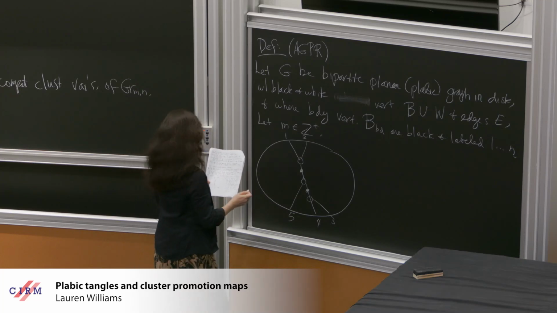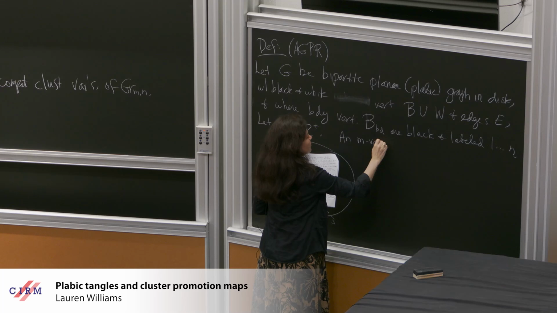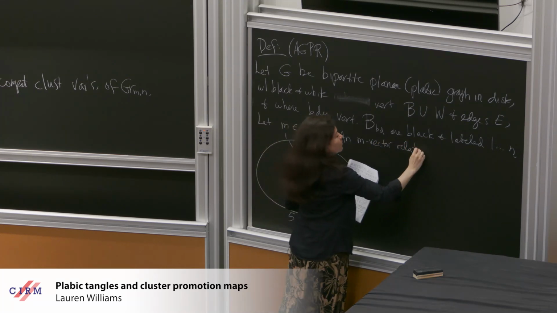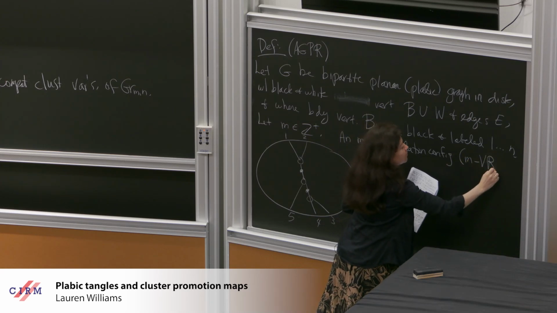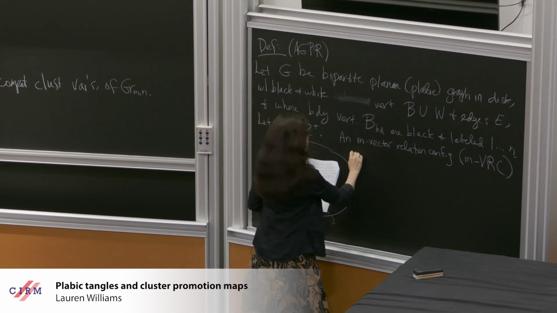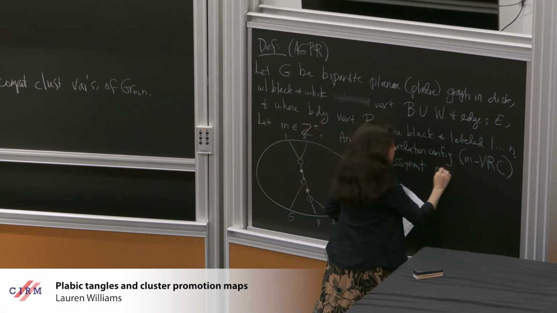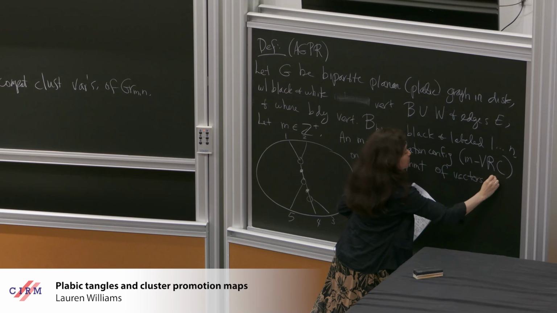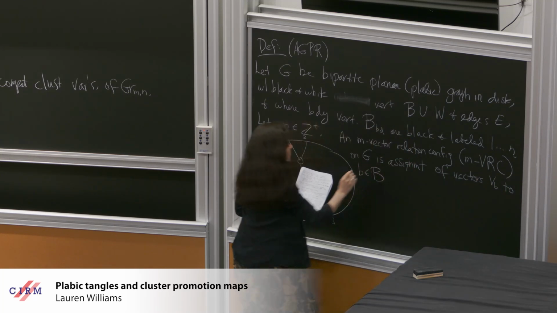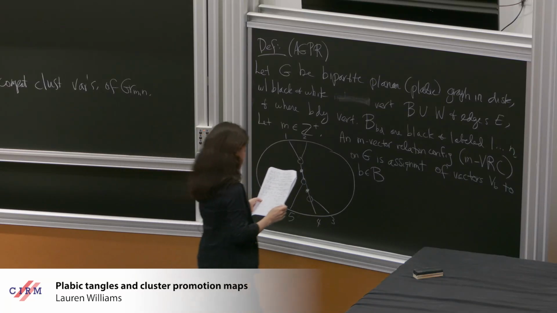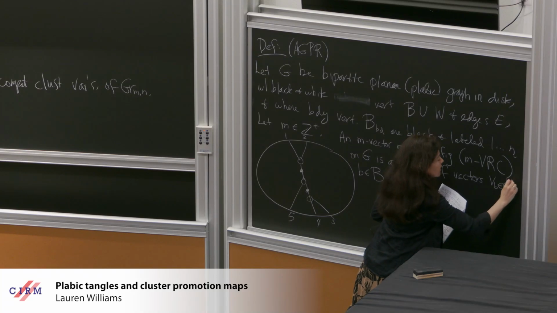And now an m vector relation configuration, which I will abbreviate by MVRC on G, is an assignment of vectors V_B to every black vertex in the picture. Oh, and V_B I want to lie in C^m.